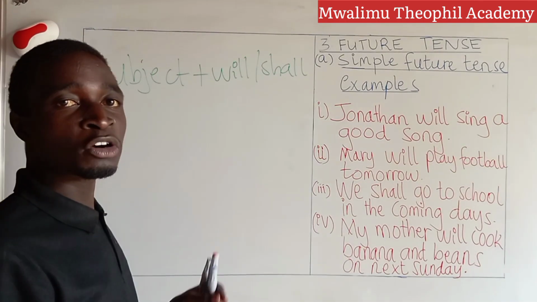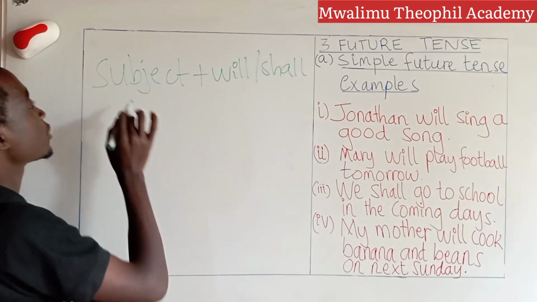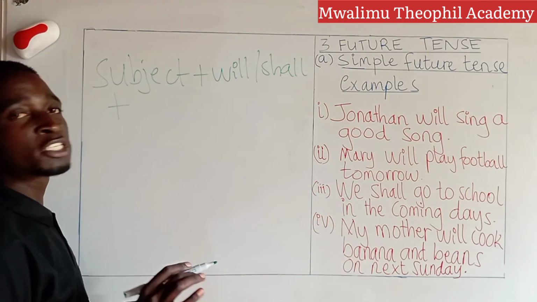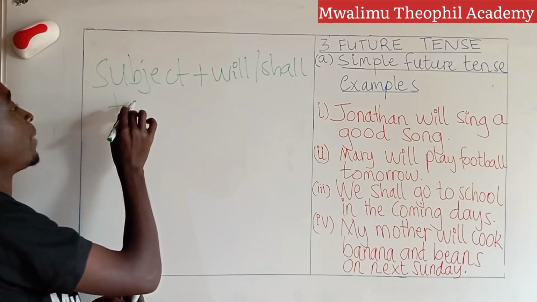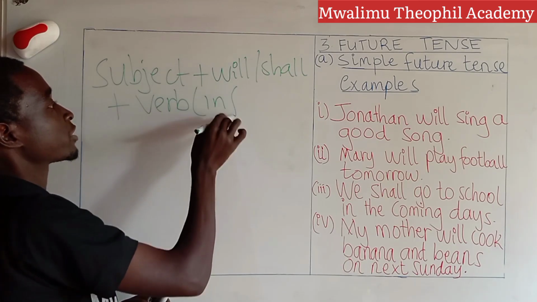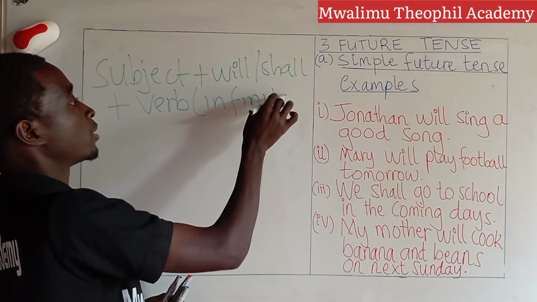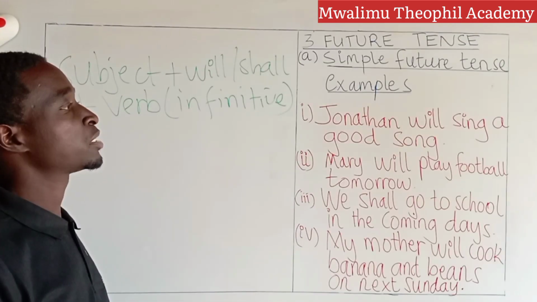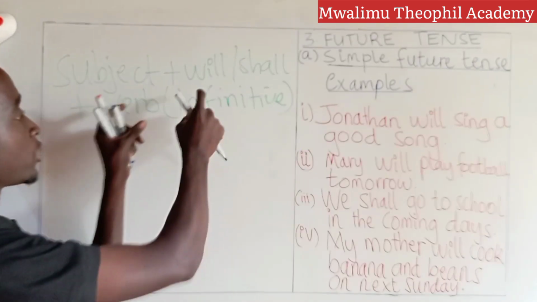After the word will or shall, it is followed by the main verb, which is in its infinitive form. So, any sentence which is in simple future tense should obey this rule.